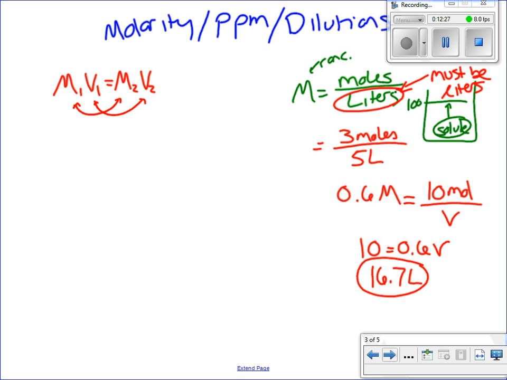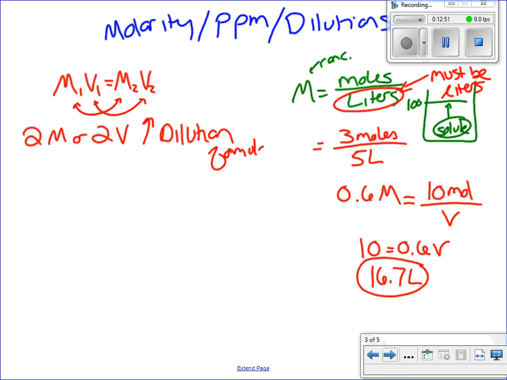So you've got to look at the question and read the question. What's the question actually asking you? Is it asking you about changing a solution by adding more solvent, or are you actually just calculating the molarity or the concentration? You'll have 2 molarities or 2 volumes, and that's how you'll know to use the dilution formula.